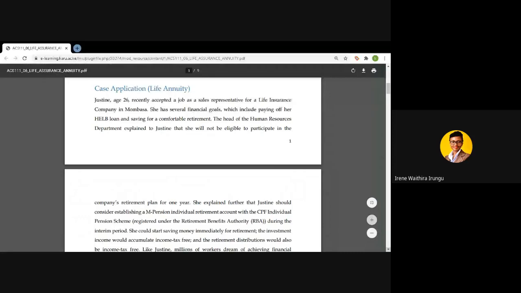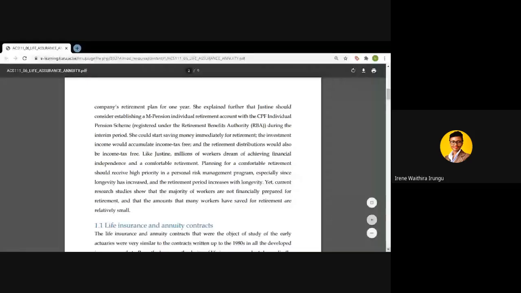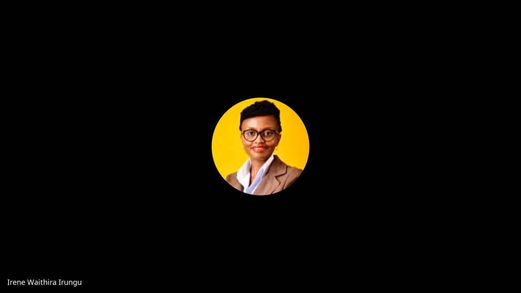The head of Human Resource Department explained to Justin that she will not be eligible to participate in the company's retirement plan for 1 year. She explained further that Justin should consider establishing an M-Pension individual retirement account with a CPF individual pension scheme, which is registered under the Retirement Benefits Authority during the interim period. That means she will be procuring her own private pension scheme.